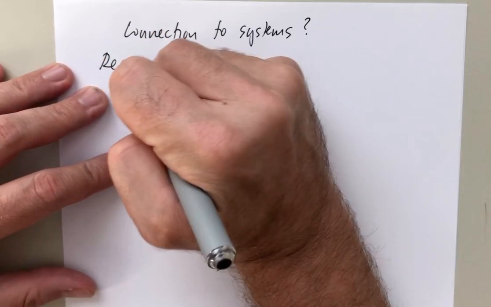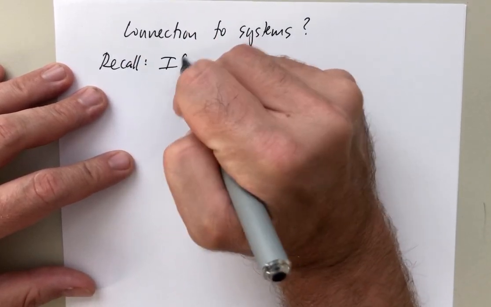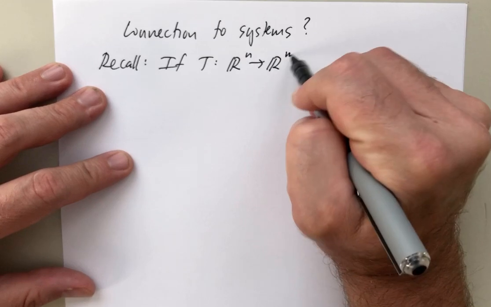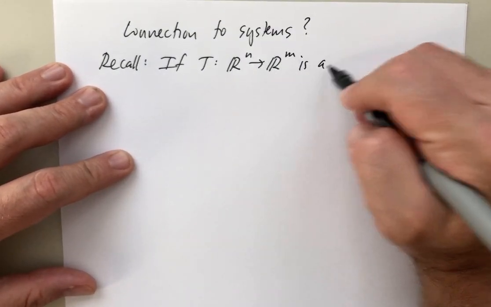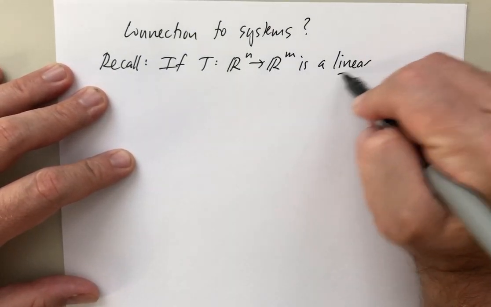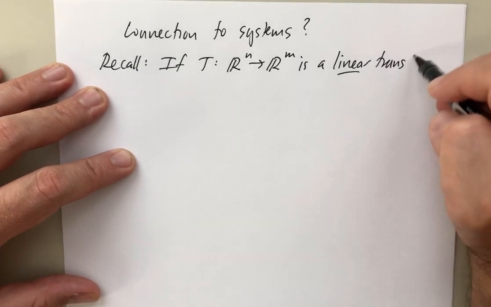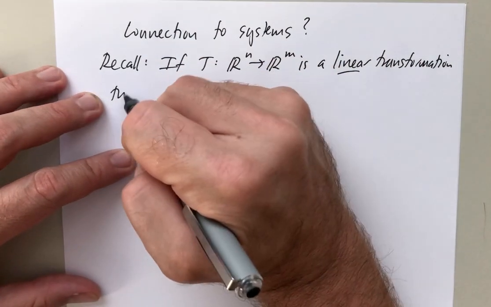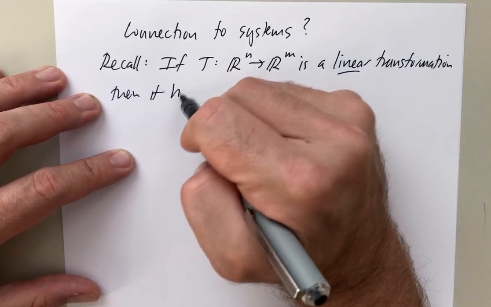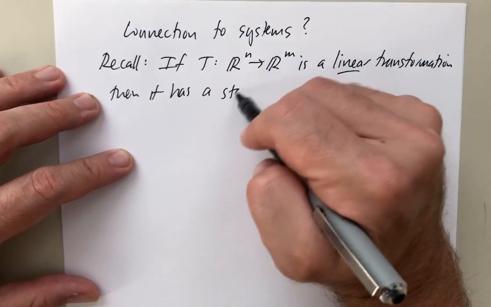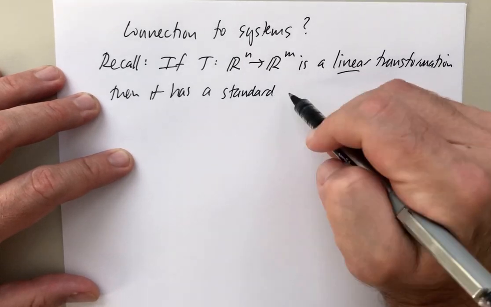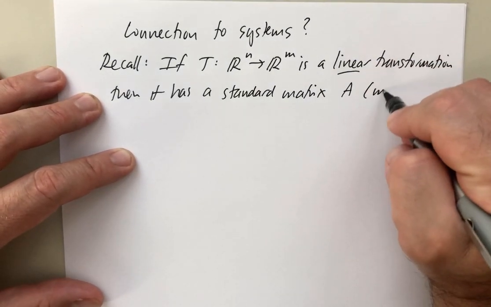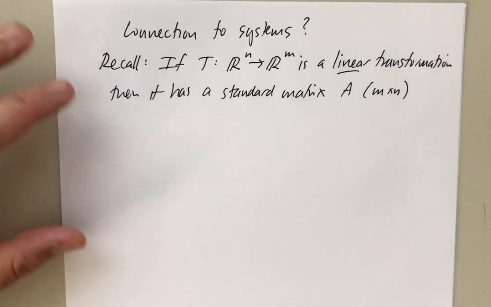So let me recall, if T is a transformation from Rn to Rm, that is also a linear transformation, right? Then we saw last time it has what we call the standard matrix. Let's call it A. It's going to be an m by n matrix, right? M rows, n columns.